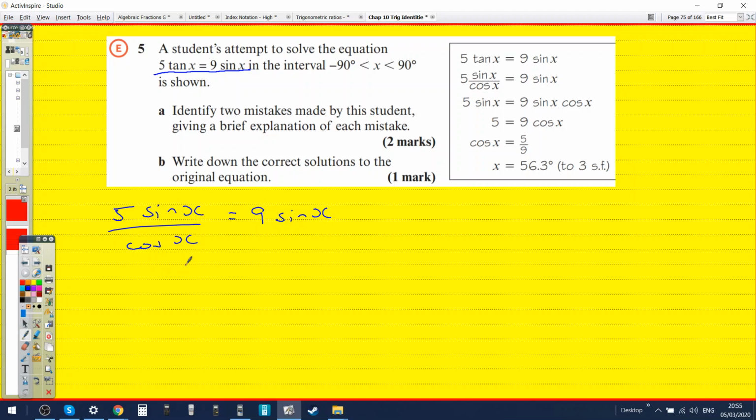I think the difficult bit is that it is over cos, so you would times both sides by cos. But wouldn't that just move the problem to the other side? Sure would, but the difficulty is the fraction. So it becomes 5 sine x equals 9 sine x cos x. Yes, I can see what you were thinking. What would you do next?